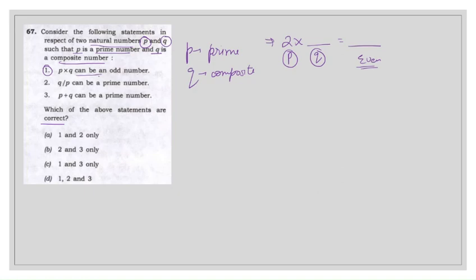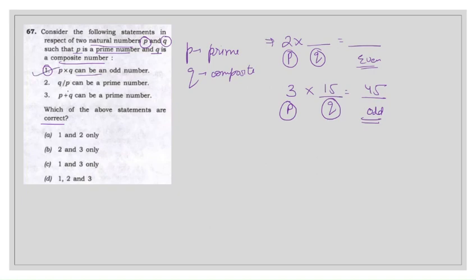But apart from that, they're asking that can it be an odd number? So for example, here I take a number 3 and this is a prime number, and if I multiply this by a composite number which is 15, after multiplying I'll get the result as 45. See, they are asking P multiplied by Q can be an odd number, and 45 is obviously an odd number. So there can be such possibilities. So P multiplied by Q can be an odd number. So this is true. The first statement here is true.